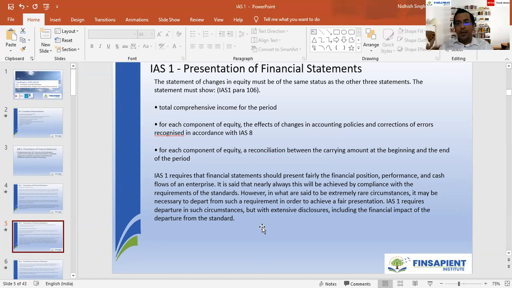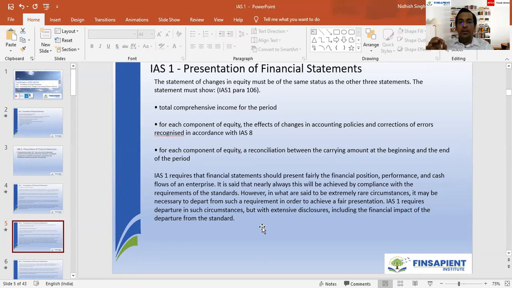In a simple way, if you decide to not follow a certain rule of say IAS 1, 8, 12, 14, any IFRS standard, that is permitted in only one case, when you think not following the rule can give a better picture of the financial statement.